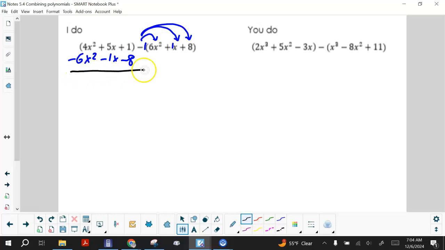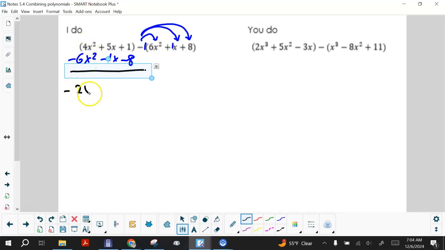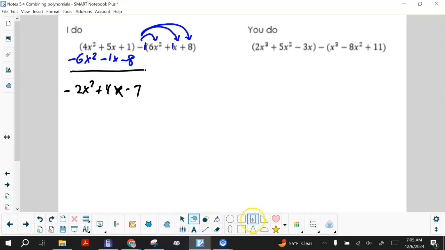By stacking the answers to the distribution underneath the first polynomial, these actually work out kind of nice, because now I can see 4 minus 6, negative 2, and then don't forget it's x squared. Now I have 5 minus 1, which is going to give me a positive 4x, and then 1 minus 8, which is negative 7. So here's my final answer, and this is going to be my standard form with the exponents in order: negative 2x squared plus 4x minus 7.